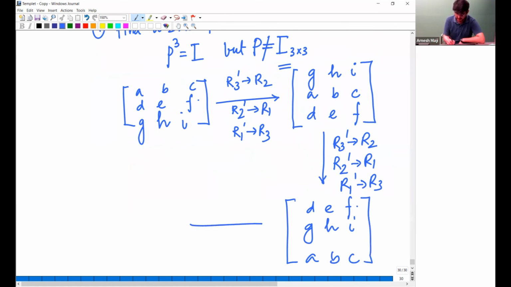Again, we will do the same thing. We will just change row 3 as row 2, row 2 as row 1, and row 1 as row 3.